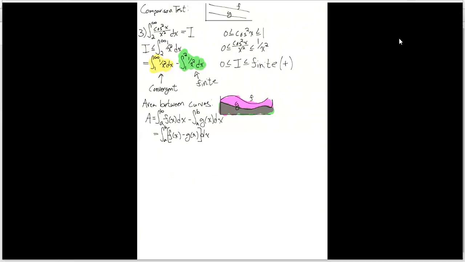Now, I think the trickiest part of this section is calculating the area between curves that don't look so nice. What I mean by that is, let's go ahead and look at an example of just a rough sketch of something that might look a little weird to calculate the area in between.